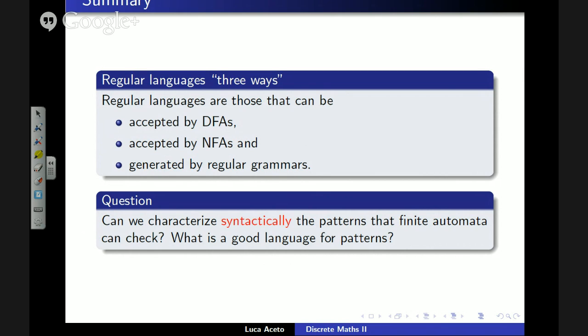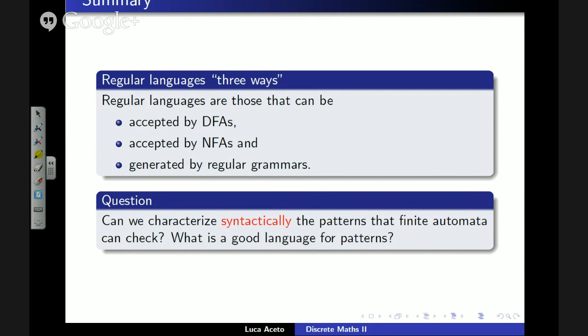The question that we are going to address in the remainder of today's lecture is whether we can actually characterize syntactically the patterns that finite automata can check. For instance, my string will have 3 A's in a row. We built an NFA that checked for the presence of that pattern in an input string just before. So that is a pattern that finite automata can check. But can we characterize once and for all the patterns that finite automata can check, so that we know what language we can use to express those patterns?